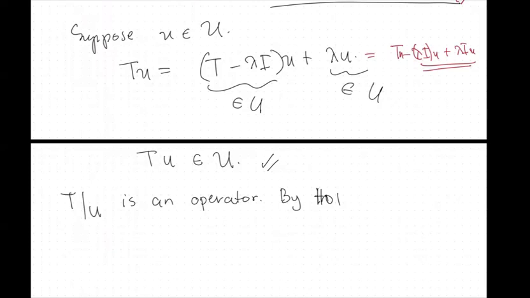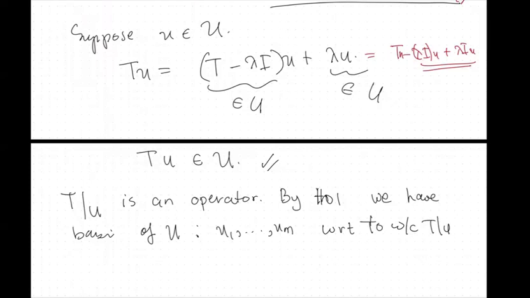That is, we can have a basis of U. Your basis is u1 to um, with respect to which T restricted to U has an upper triangular matrix.